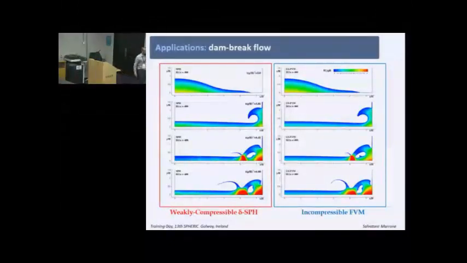It's important also to say that the advantage of the SPH here is that our numerical computational points are just here, while in the finite volume we have computational points everywhere. The grid is everywhere. So the computational cost of these two solutions is not the same.